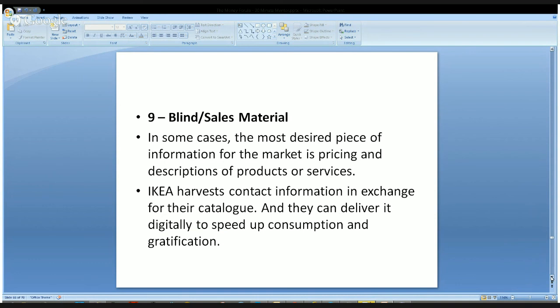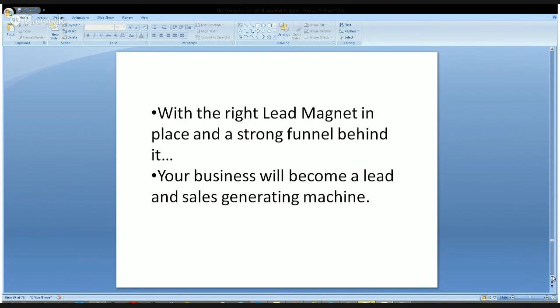Anything that is useful, and the more instant the gratification and the easier it is to use, the better the lead magnet. With the right lead magnet in place and a strong funnel behind it, and we'll get into funnels in another section of this training of the business formula, your business will become a lead and sales generating machine.